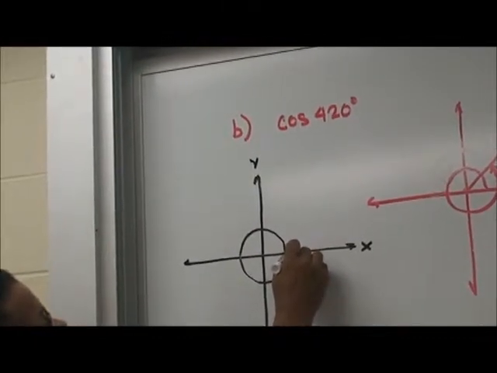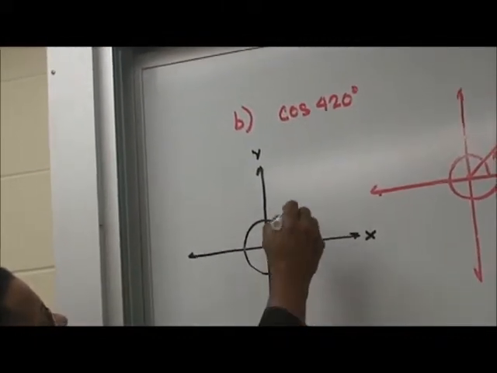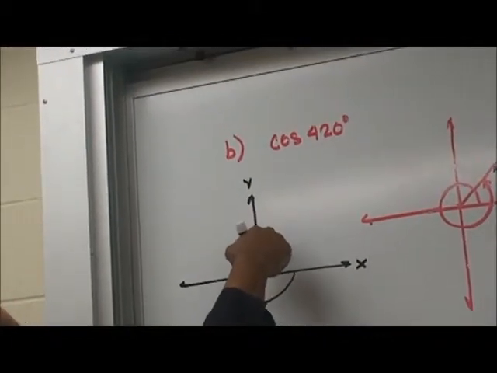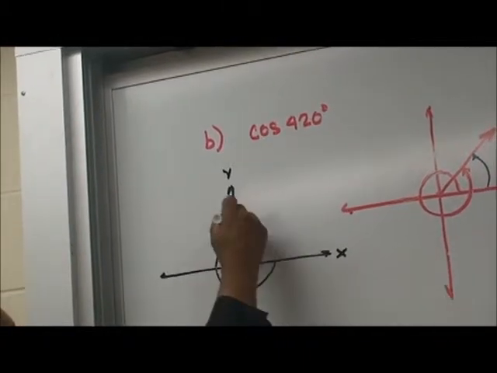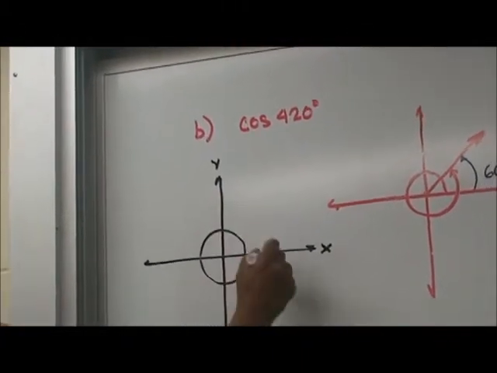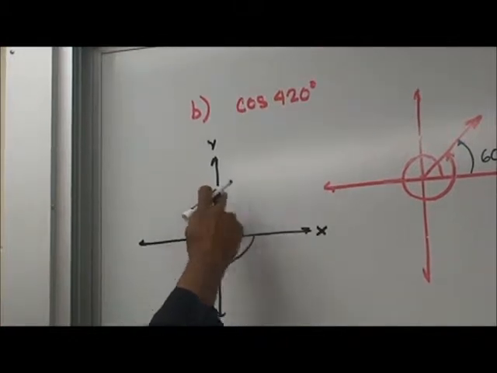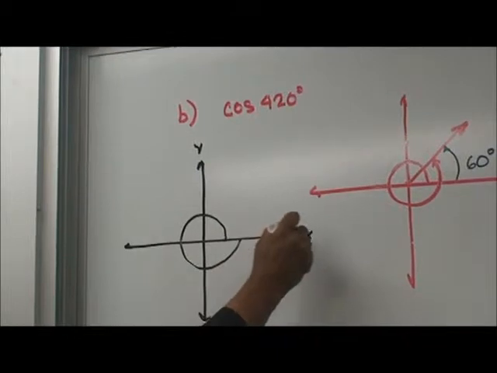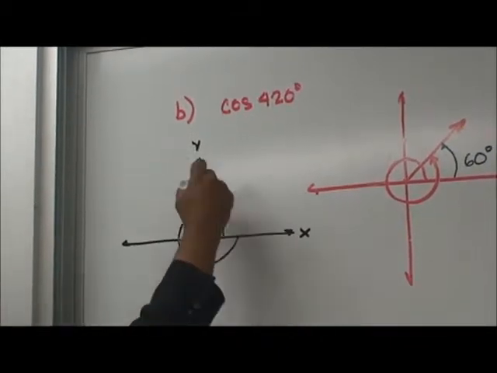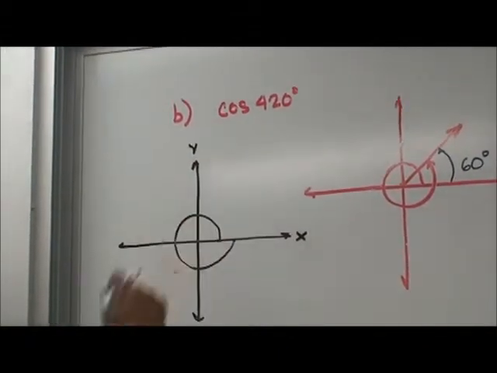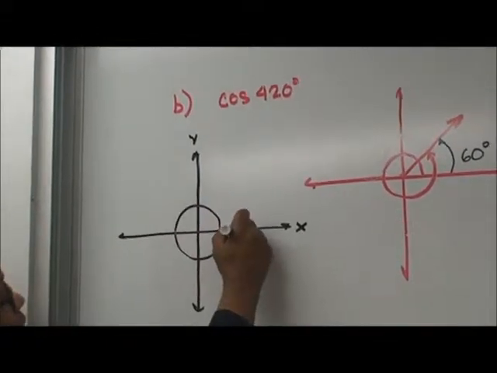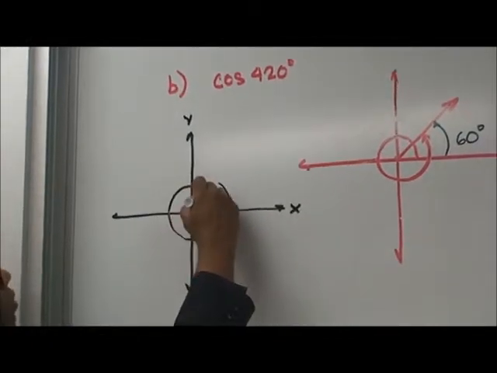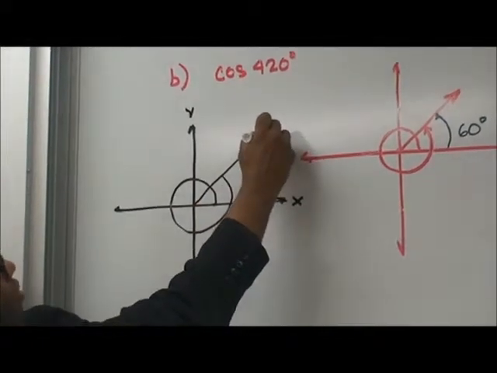We're at 360 now, and as we keep going from 360, about 450 is here, but 420 is going to lie somewhere in between, between this point and this point, actually in the first quadrant. So when we go here like so, it's going to lie in between, and then we draw our angle.